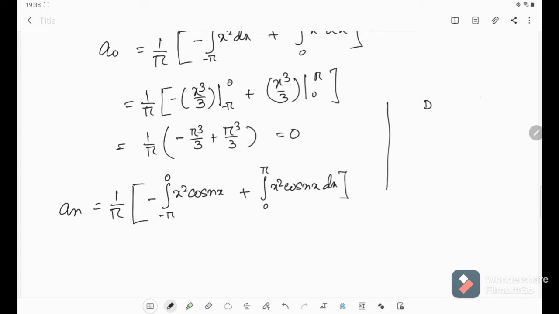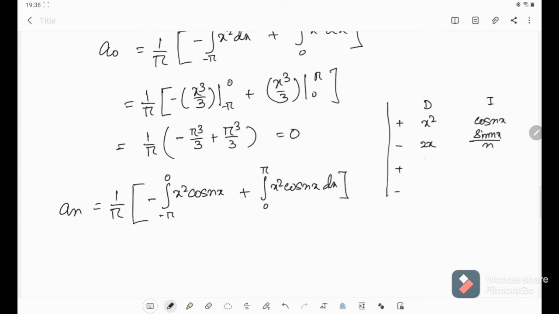So let's write d and I, plus minus plus and minus. So x square is here and cos of nx is here, and first derivative of x square is 2x, and integration of cos nx is sin nx by n.